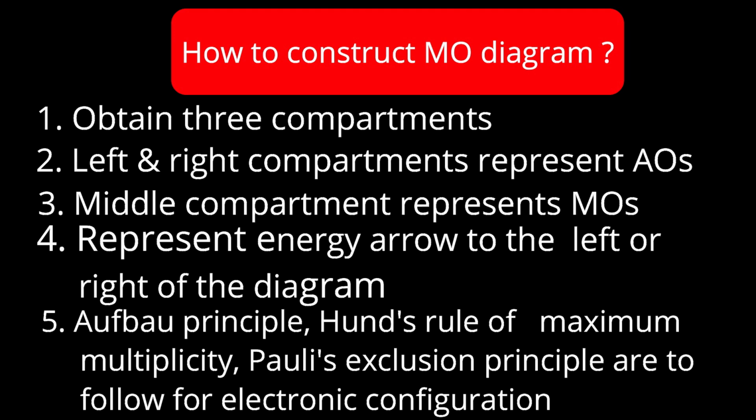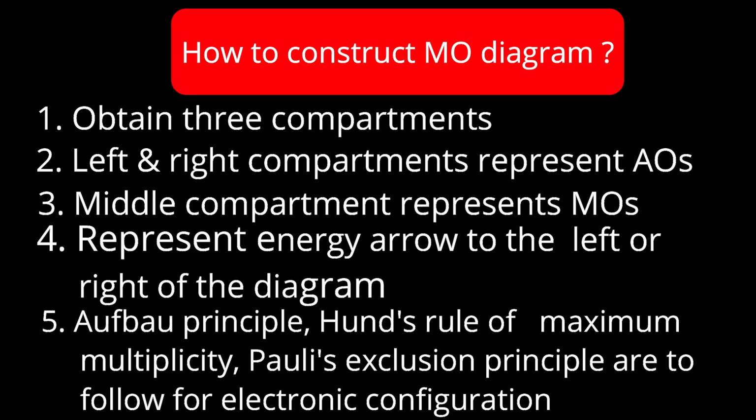And the most important thing, the chemistry depends upon the electronic configuration, the electronic distribution. Then how do we distribute electrons in molecular orbitals? By following the Aufbau principle, Hund's rule of maximum multiplicity and Pauli's exclusion principle. The Aufbau principle means electron filling takes place from low energy orbital to high energy orbital. Hund's rule means electron pairing will not occur till the orbitals of the same energy level are completely half filled.